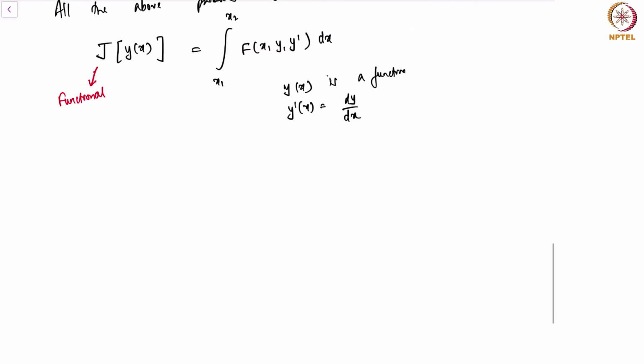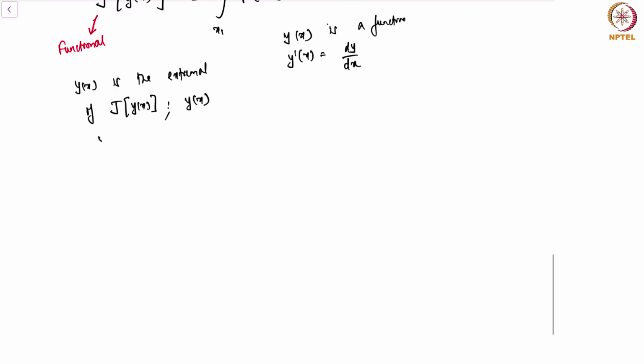So y of x, we can now say, is the extremal of the functional J of y of x. That is, you can say y of x optimizes J of y of x. So you can see that minimization problems are common in optimization as well. You can think of it like an optimization problem.